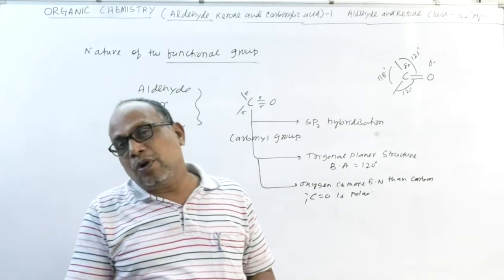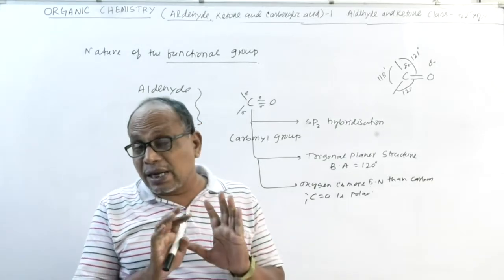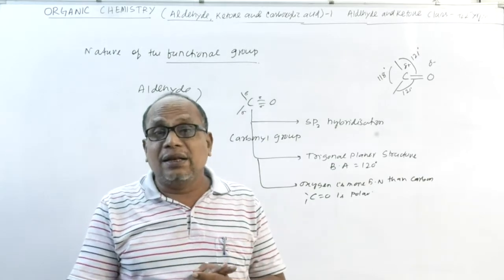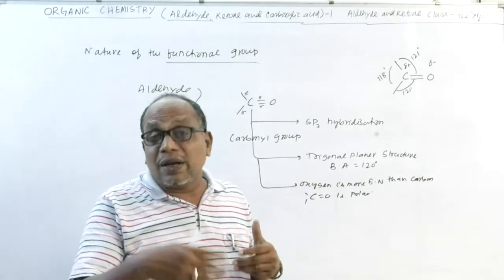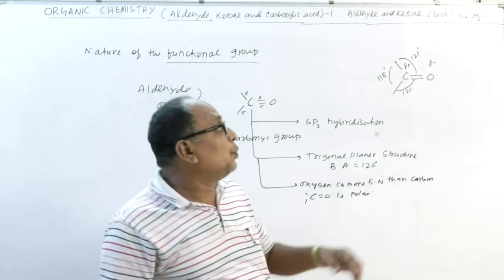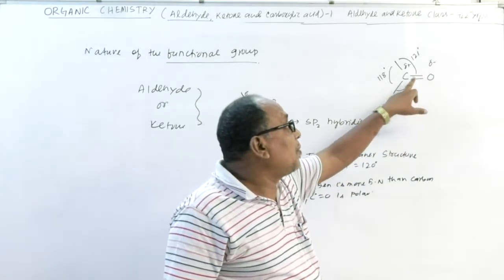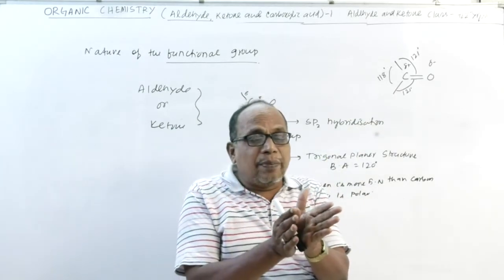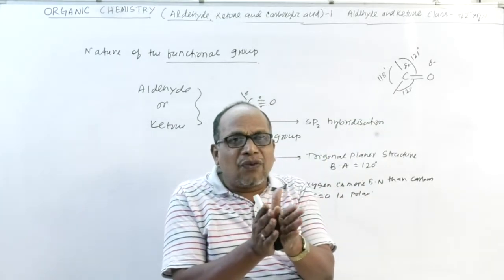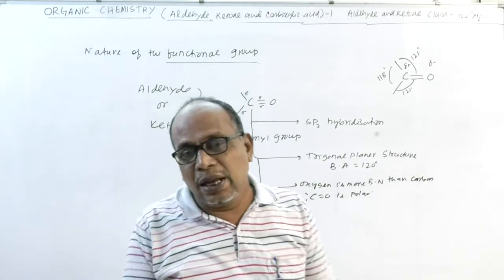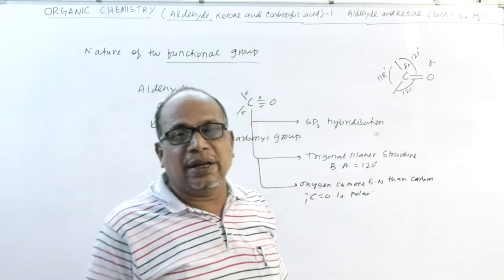The bond angle is not exactly 120, but less than 120, somewhere more than 120 due to the repulsion. We have a pi electron cloud and this electron cloud, and they repel each other. When they repel each other, they move a little bit apart from one another. That's why the bond angle increases.